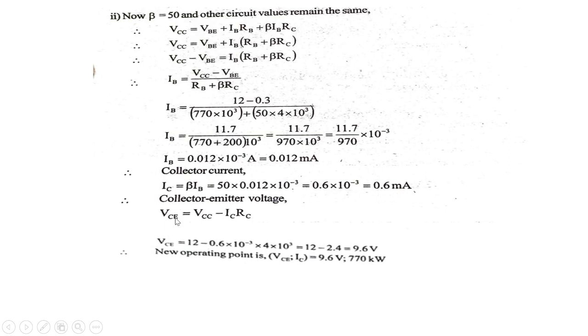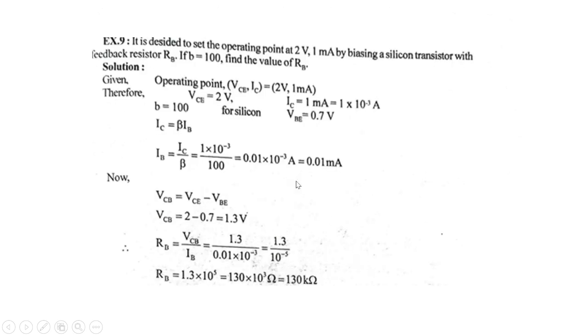Collector emitter voltage VCE equal to VCC minus IC RC. So VCE equal to 12 minus 0.6 into 10 raised to minus 3 into 4 into 10 raised to 3, equal to 12 minus 2.4 equal to 9.6 volts. So new operating point, that is 9.6 volt and 770 kilo ohm.